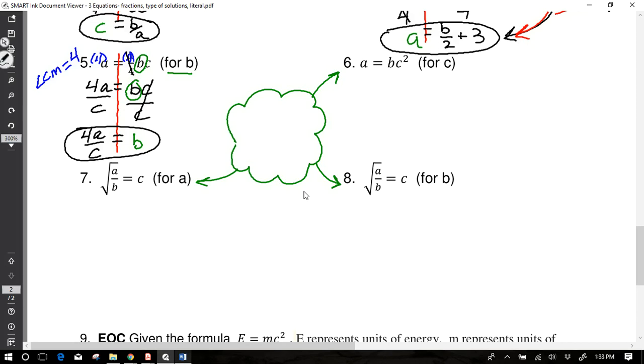I know that we learned last semester that adding and subtracting are inverses, multiplying and dividing are also inverses, but that we also learned a square and a square root are inverses. So here is a square, here is a square root, and they are inverses.